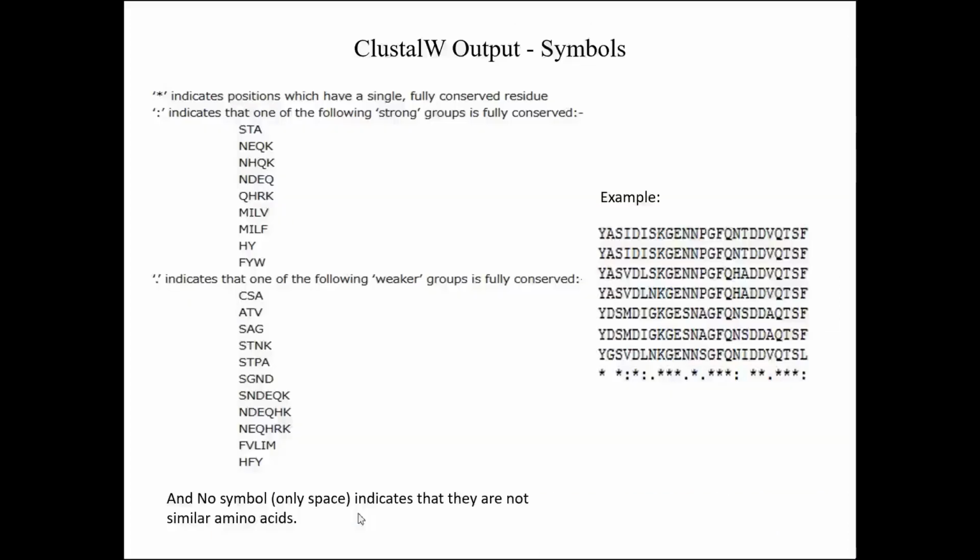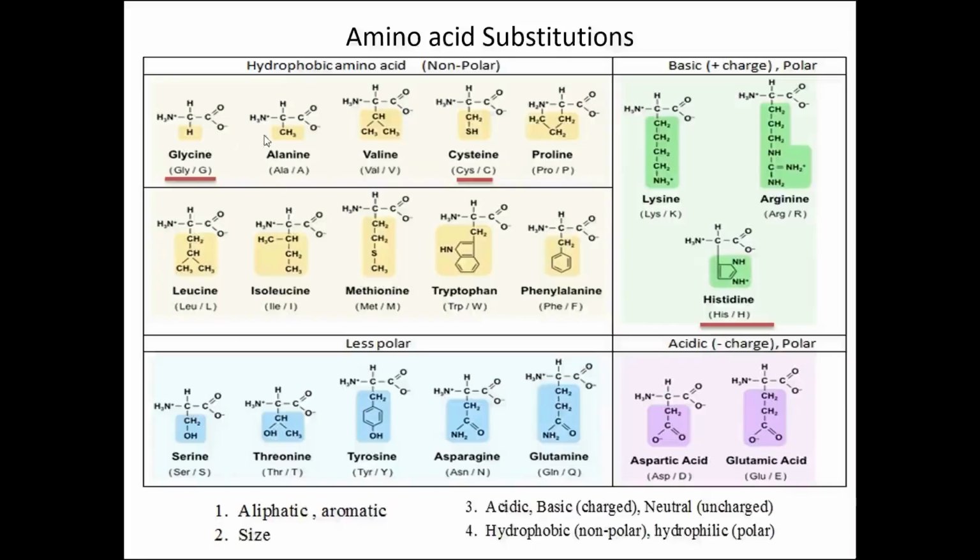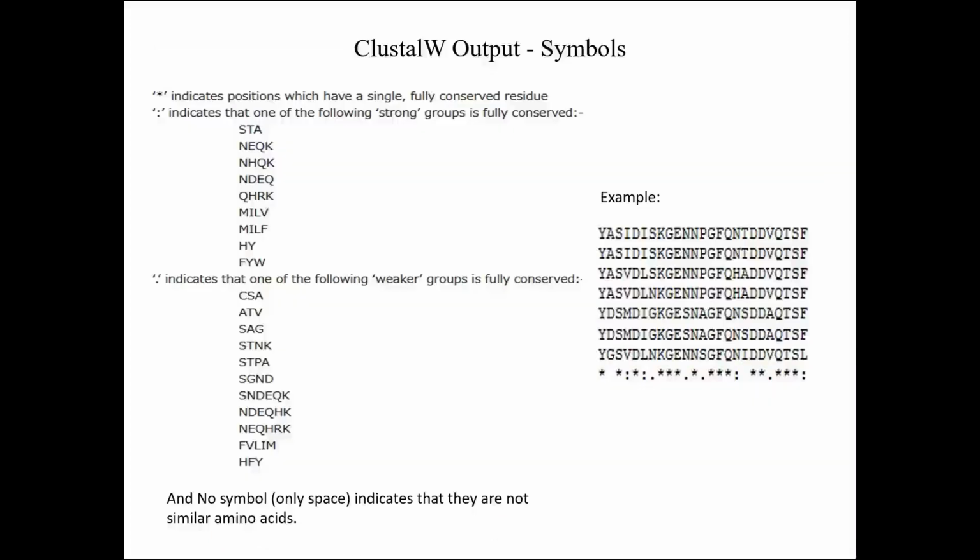For example, now we saw here A, D and G. You can see here A and G are hydrophobic amino acids, whereas D is hydrophilic in nature and it is a charged amino acid, while these are neutral amino acids. Hence there is no similarity between them. Hence they are marked as non-similar amino acids.